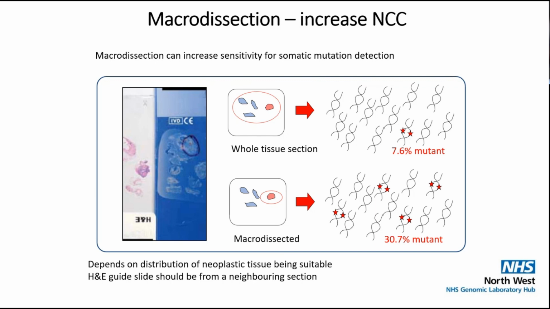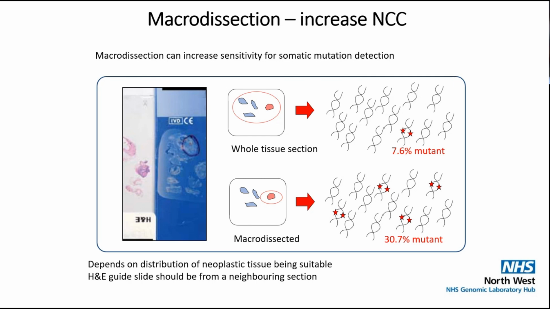This next bit I just want to talk about is macrodissection. We often mention the possibility of doing macrodissection on these samples to try and enhance the amount of tumour material that we're testing. There's no doubt that macrodissection is really useful and can increase the sensitivity of our tests.